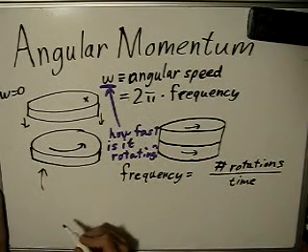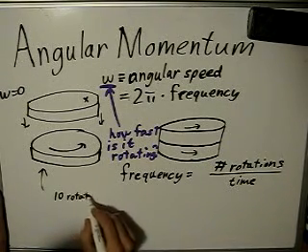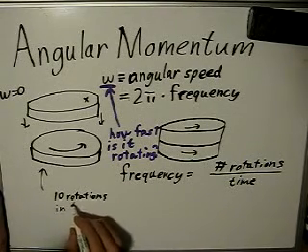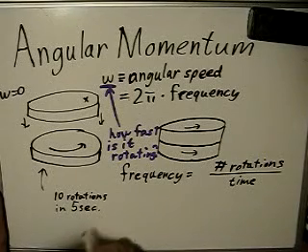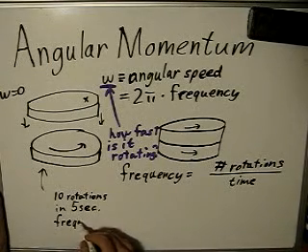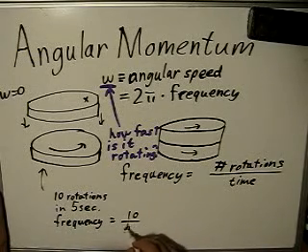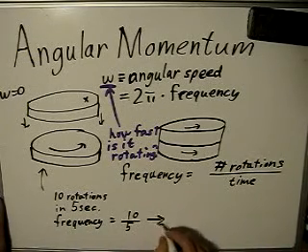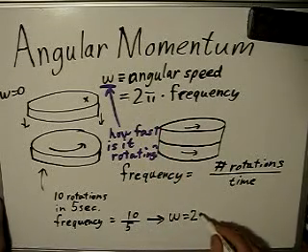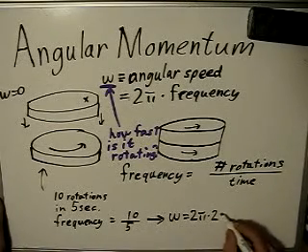So let's suppose that it went through 10 rotations in 5 seconds. Then the frequency would be 10 over 5. And then we could calculate omega for that thing. So omega then would be 2 pi times 10 over 5. That's equal to 2, so that would be 2 pi times 2.